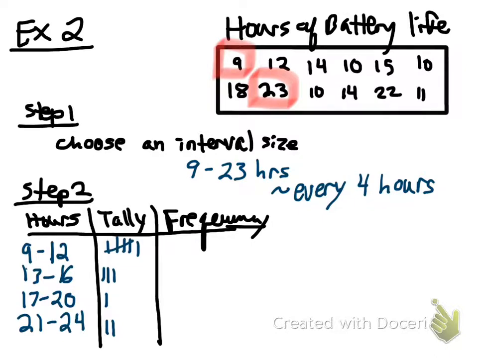Alright, so we'll add these up. We have 6 for our 9 to 12 hour battery range, 3 for 13 to 16, 1 for 17 to 20, and 2 for 21 to 24. Alright, step 3, we're going to make our histogram now.